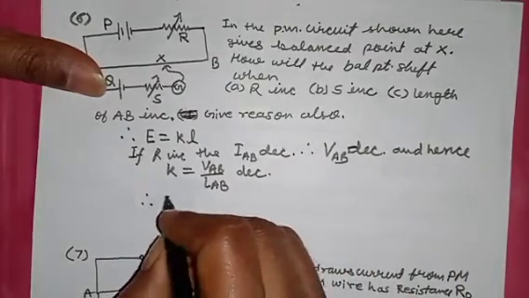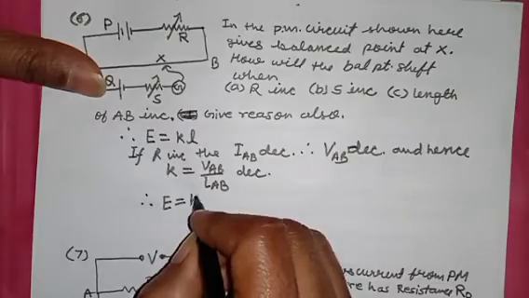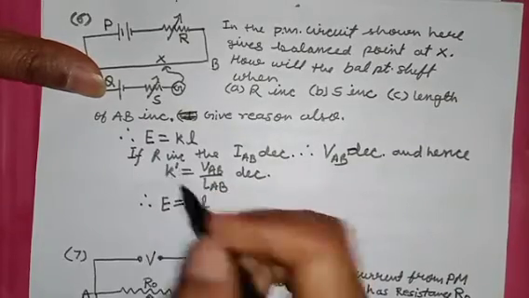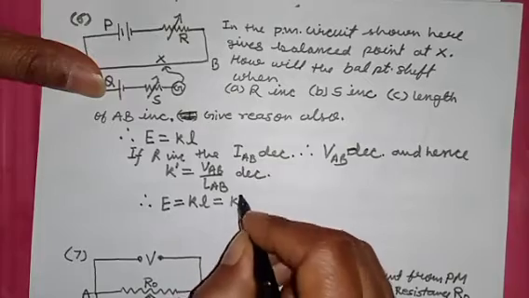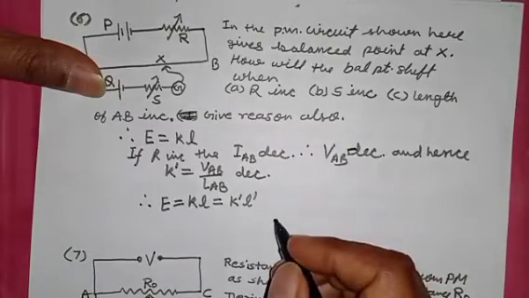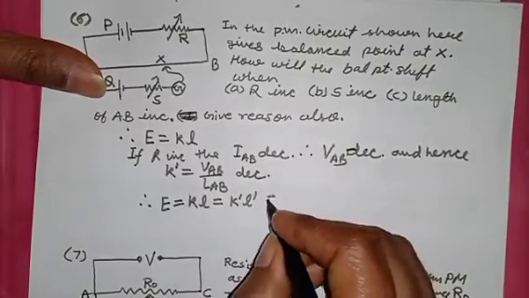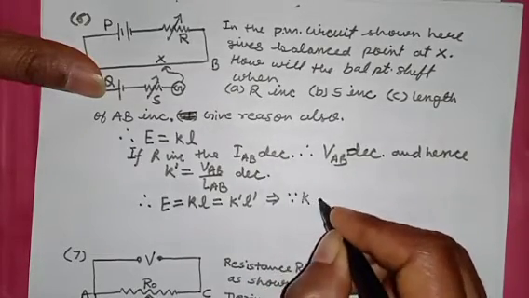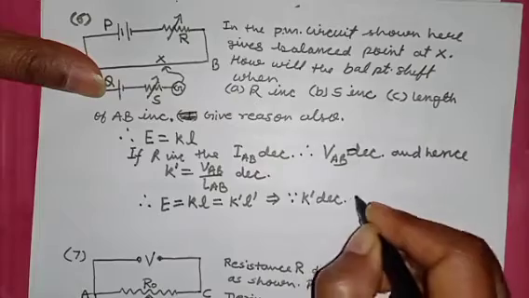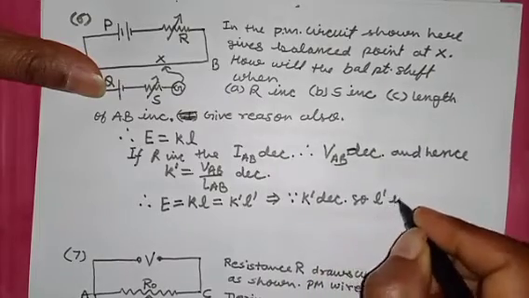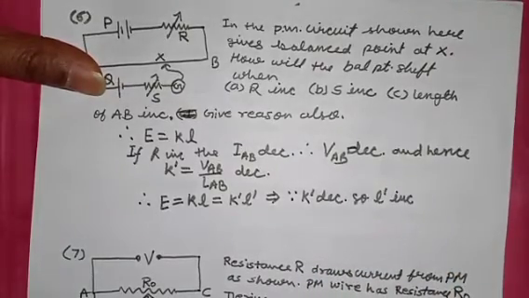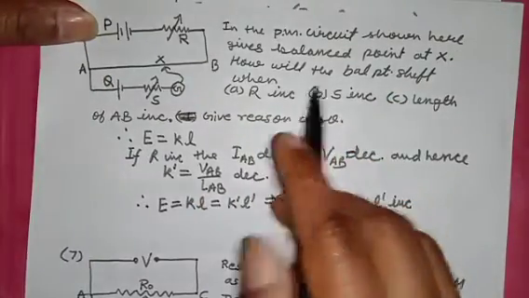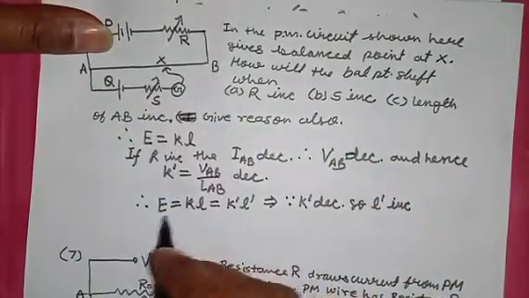So E equal to KL, in the previous case. I am calling it K dash now, so E equal to K prime L prime, which implies that since K prime is decreased, L prime increases. And if L prime increases, it means X will shift toward B.